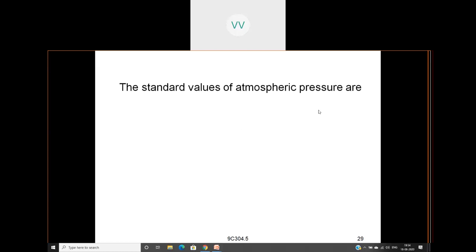Then the standard values of atmospheric pressure, because it is fixed, we have 1.034 kg force per centimeter square or 10.34 meters of water. That means 10.34 meters of column of water, or it is equivalent to 0.104 newtons per mm square.